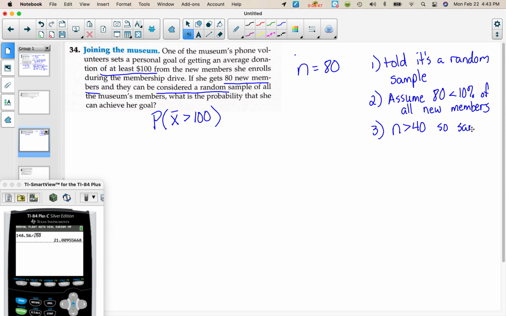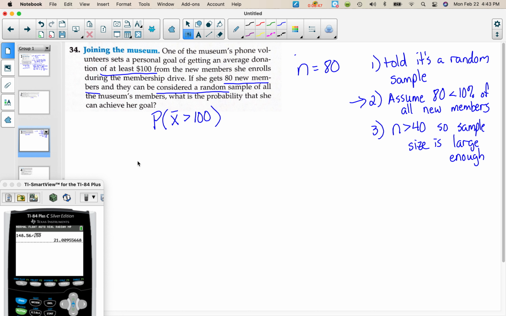So sample size is large enough. Now, if you want, you can say it seems reasonable that the new members would be independent of each other. But again, that's the reason why we have this rule here, that it's less than 10% of all new members. We are sampling without replacement, so that's why we have that there.